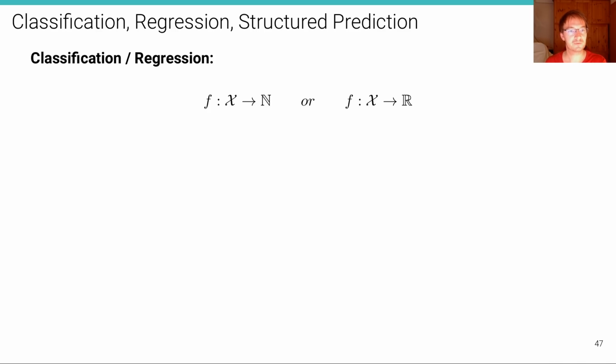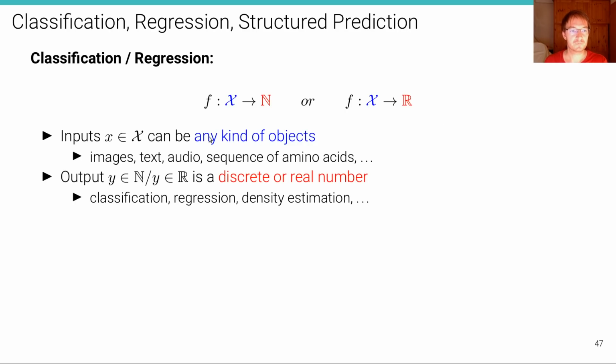In particular, let's have a look at the distinction between classification, regression, and structure prediction. In classification, the goal is to predict, using a function f from an input x, a discrete class label. In regression, we are interested in predicting from an arbitrary input x a continuous variable. The inputs here can be any kind of objects, any kind of complex continuous or discrete or mixed continuous-discrete objects.